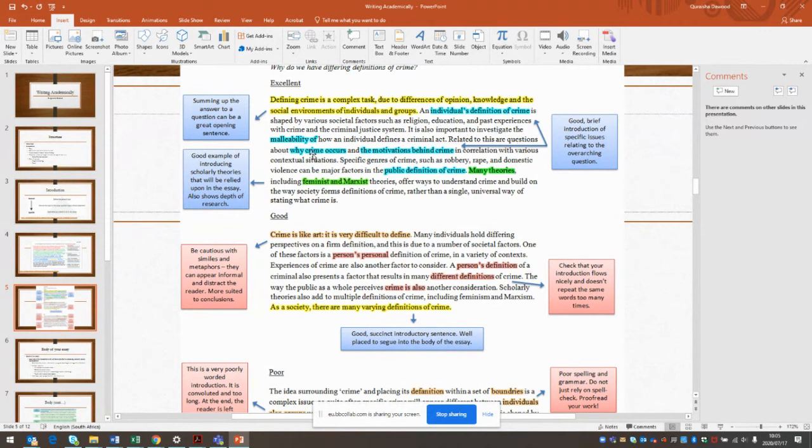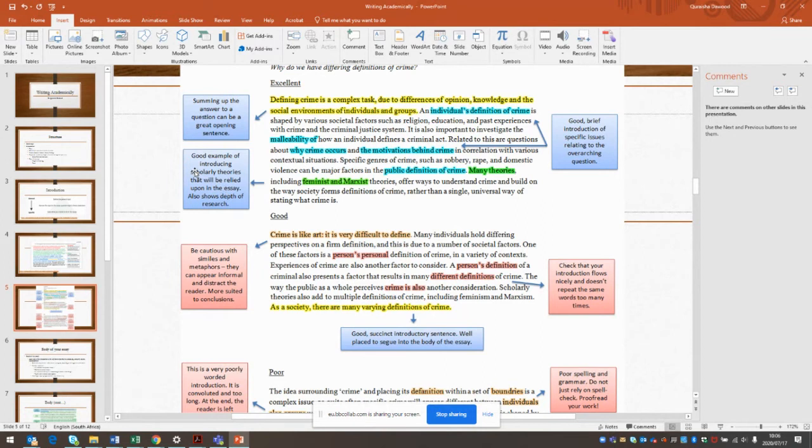Are questions about why crime occurs, the motivation behind crime, and public definitions of crime. Okay, many theories include feminist and Marxist theories, offer ways to understand crime and build on the way society forms definitions of crime.